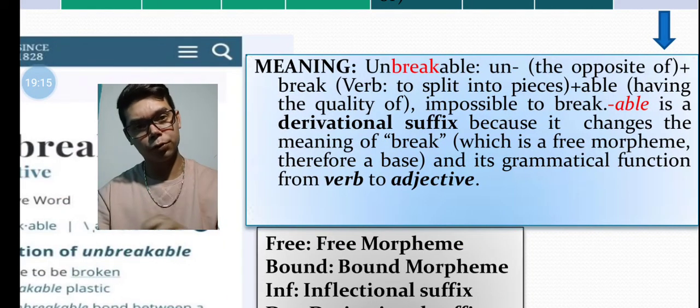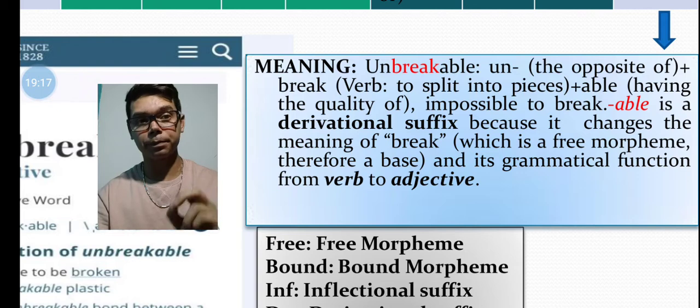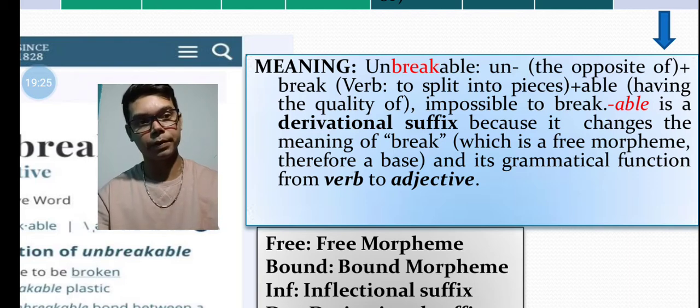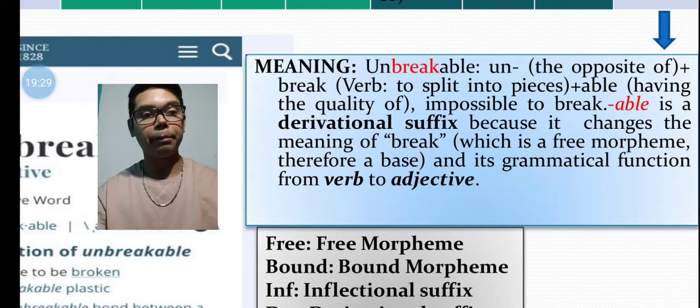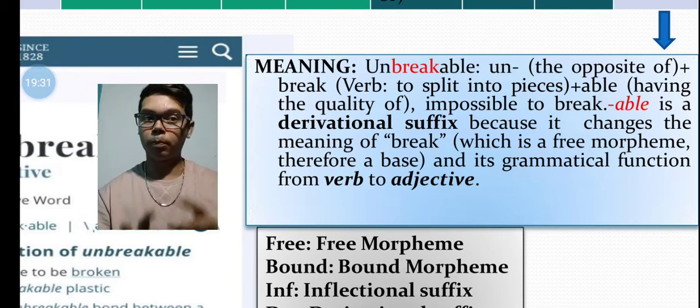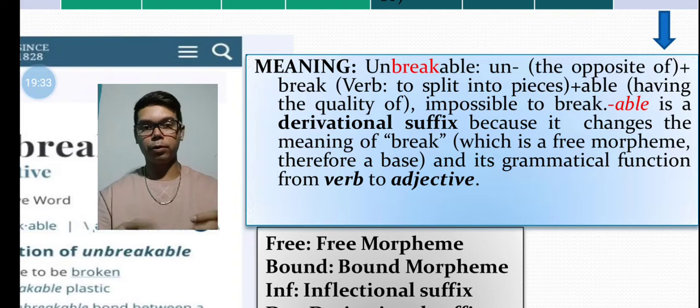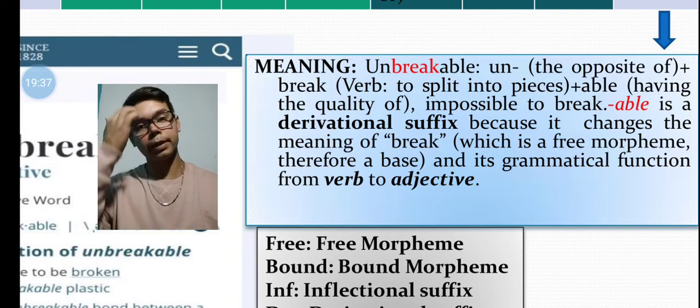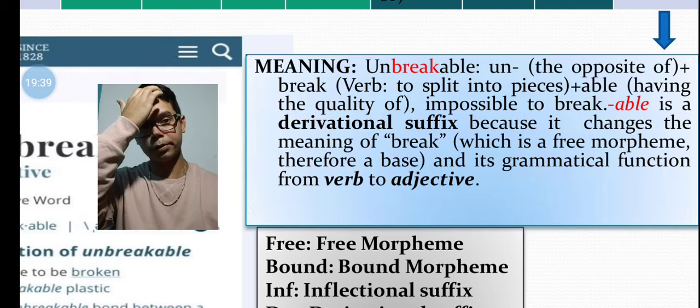Entonces tenemos la construcción del significado, the meaning. Unbreakable, tenemos un, the opposite of, plus break, that is a verb, to split into pieces, plus able, having the quality of. Impossible to break. Acá, de la información dada por el prefijo, la base y el sufijo derivacional, nosotros podemos llegar a la conclusión que el nuevo significado es imposible de romper.